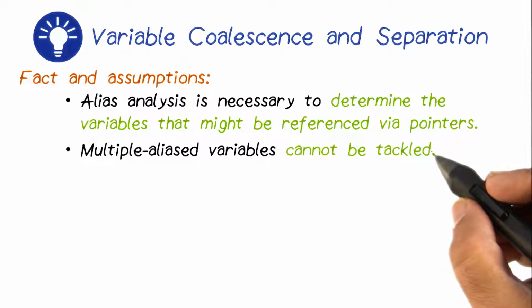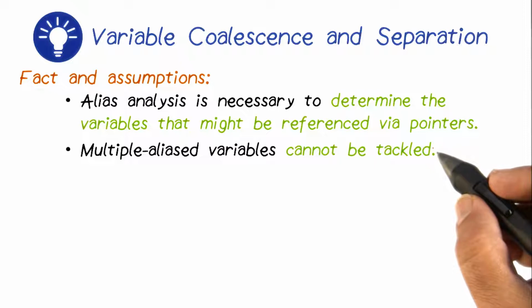Now, imagine a particular variable being referenced by different names, by different pointers. We cannot coalesce that variable that easily because statically, at compile time analysis, we don't know which pointer is referencing where. So we just leave these variables out in terms of coalescence. We don't put them into any location of any other variable because it will be very dangerous.